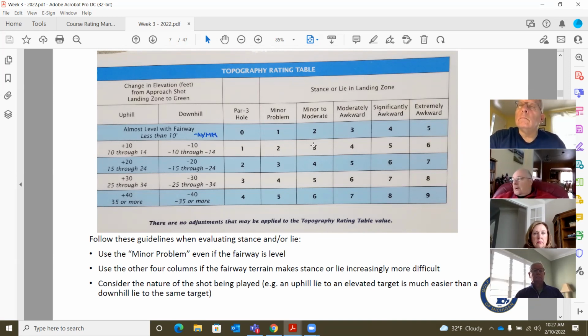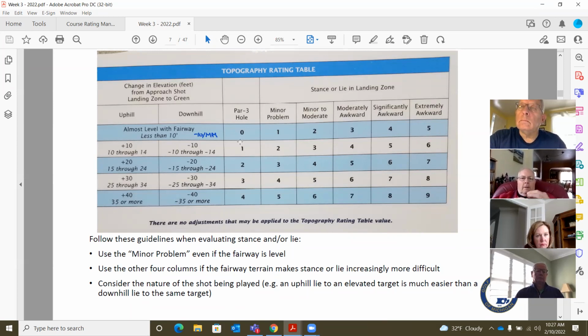So that's what we'll put on our sheet. And when you're writing these codes down, typically minor problem is going to be an MP. This one's going to be an MM. You'll see an MA, SA, and EA on there. And that's really for you to write down so that you can get the correct number, and just to make sure for the captain that you evaluated it and that we got the right number on the sheet.